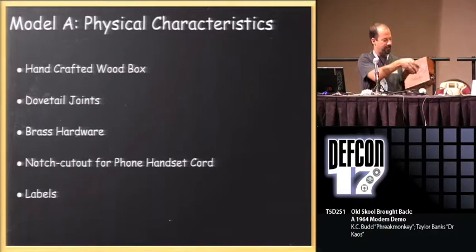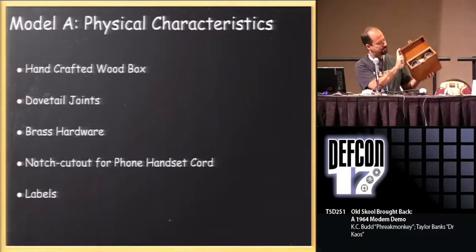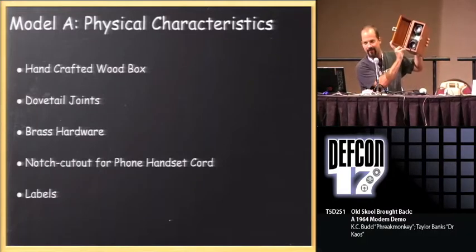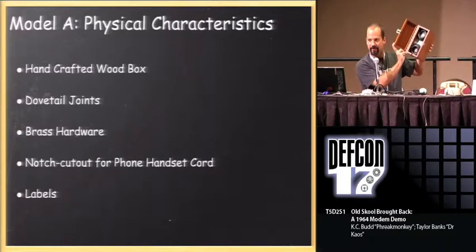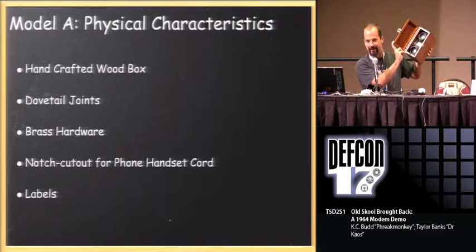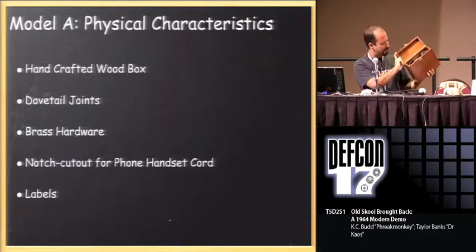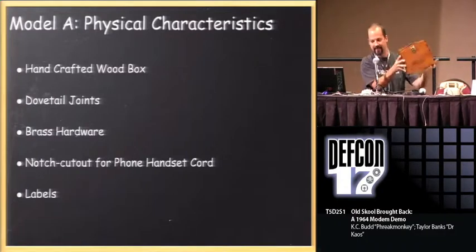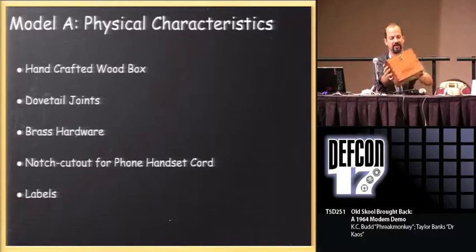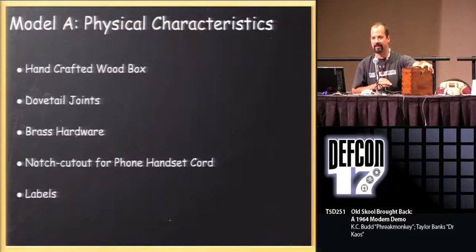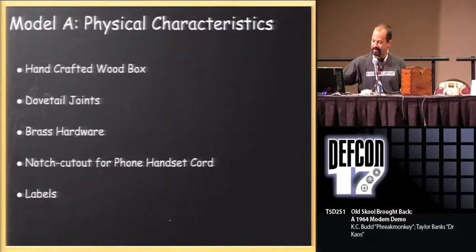And the main part of the modem is the two big transducers that you actually sit the phone handset down onto so it can talk over the Bell phone system, which you couldn't legally connect anything electrically to. So that's the physical characteristics. Oh, there's a neat little notch in the side here so that when you sit the phone down on it, you can close this so that ambient noise doesn't interfere with the conversation.